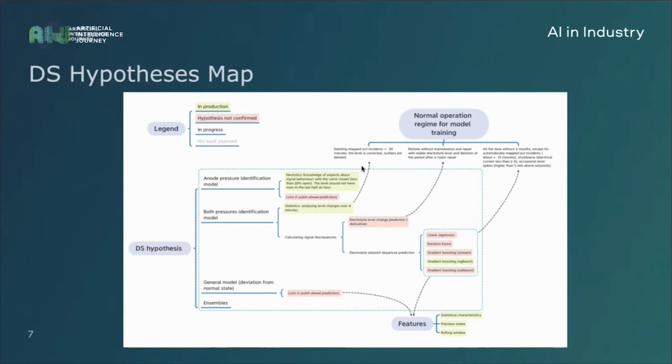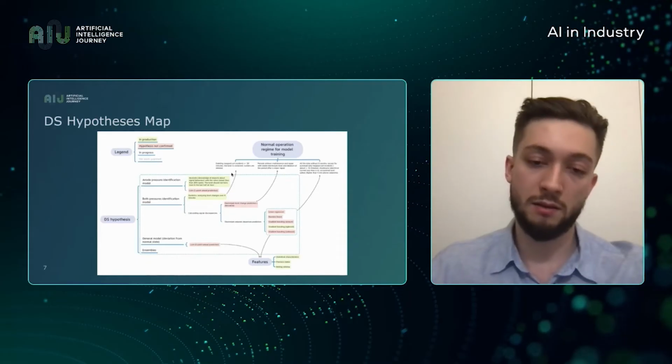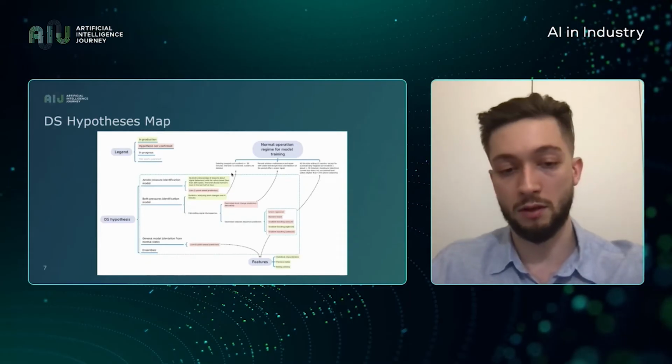We also tried different approaches in terms of model settings. That can be models for anode pressure detection or models for both anode and cathode pressure detection. And we have also tried a model that generally enables us to see deviations from a normal state, normal conditions of the whole unit.